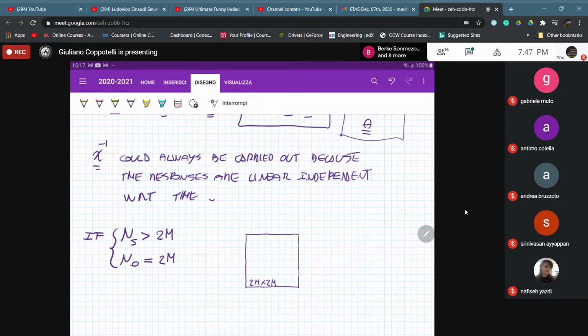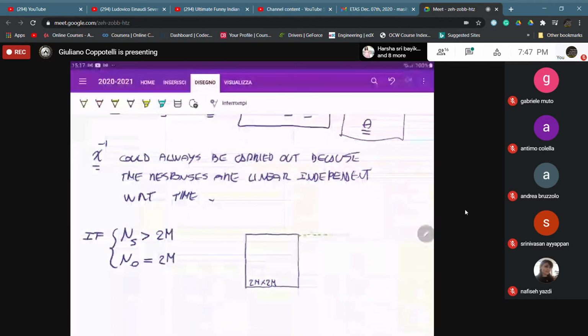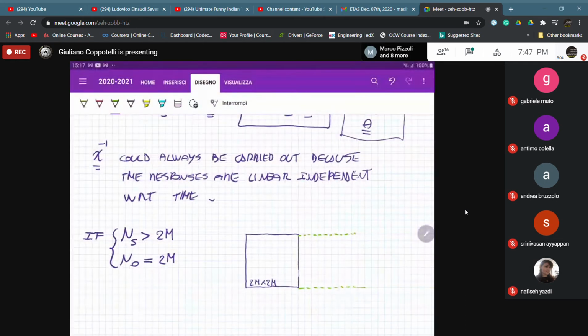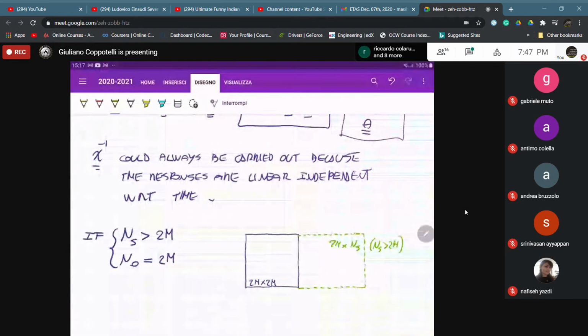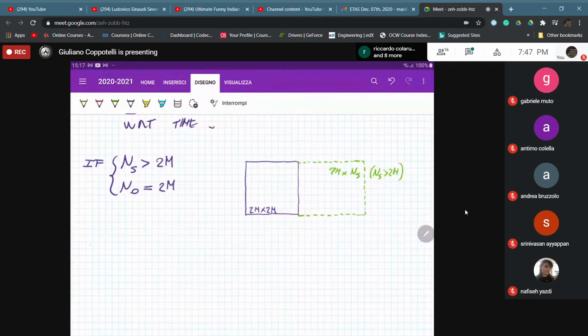Now, if the number of sampling times is larger than 2m, your chi matrix is something rectangular of this shape. This is just a geometric representation of how these dimensions are. So it would be 2m times ns, being ns larger than 2m.